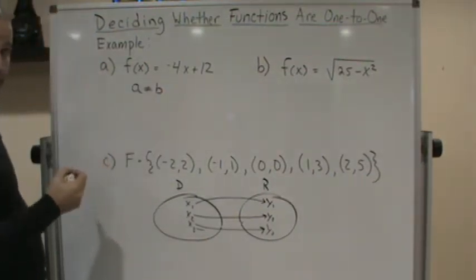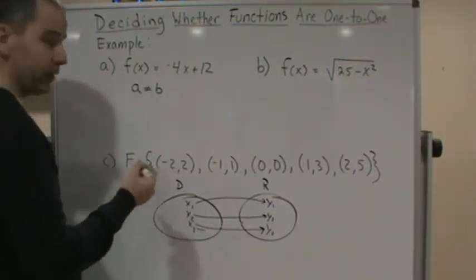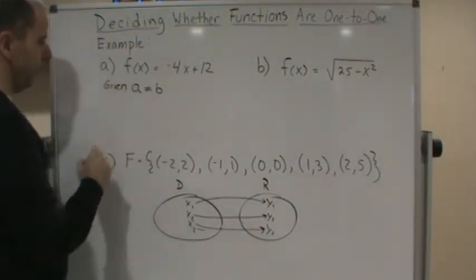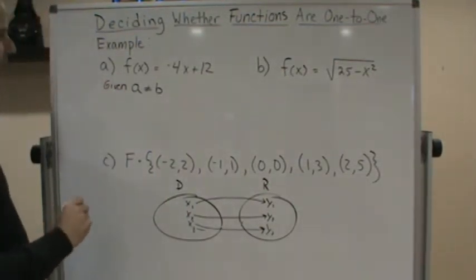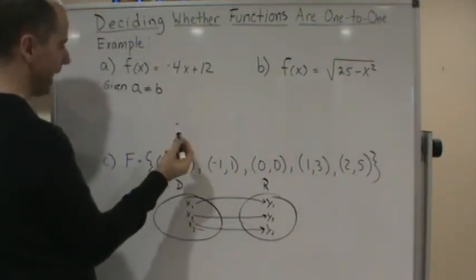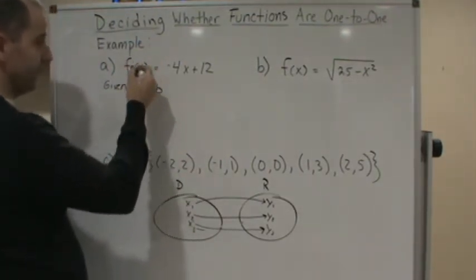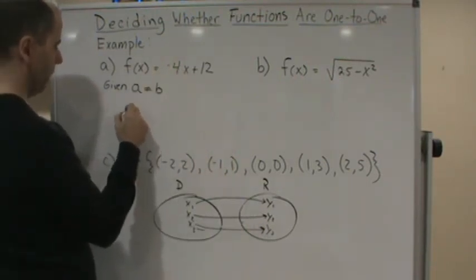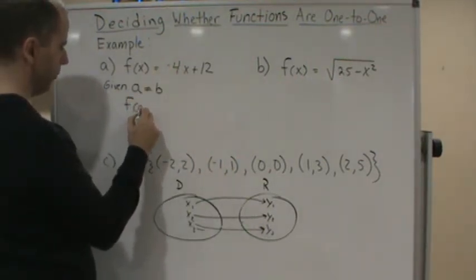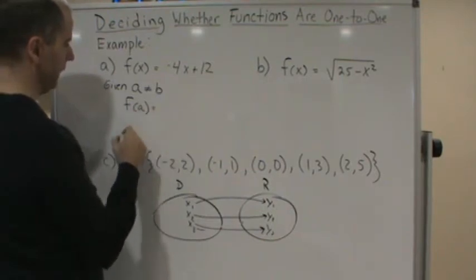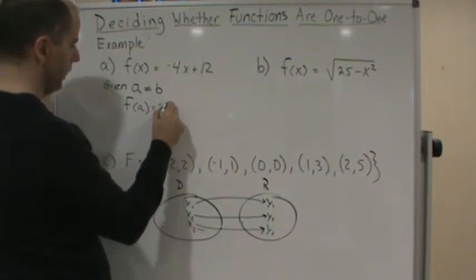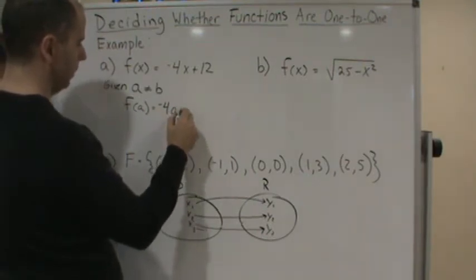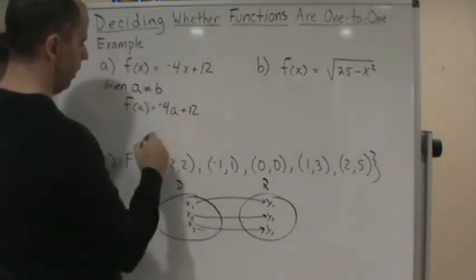Given that, let's see if we get f of a not equal to f of b. So f of a equals negative 4a plus 12.